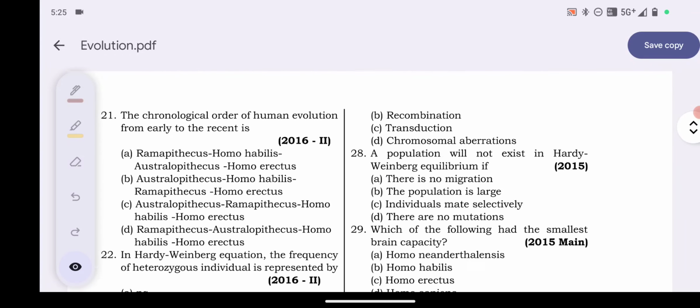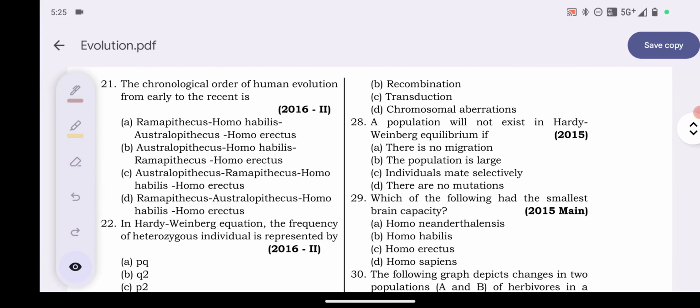Next question, question number 21. The chronological order of human evolution from early to recent age. What will be the early one? A, Ramapithecus, Homo habilis, Australopithecus, Homo erectus. B, Australopithecus, Homo habilis, Ramapithecus, Homo erectus. C, Australopithecus, Ramapithecus, Homo habilis, Homo erectus.